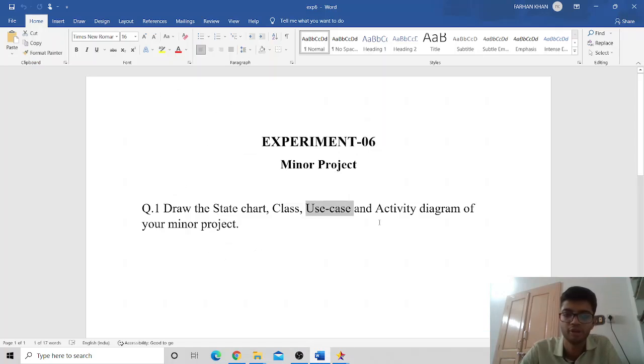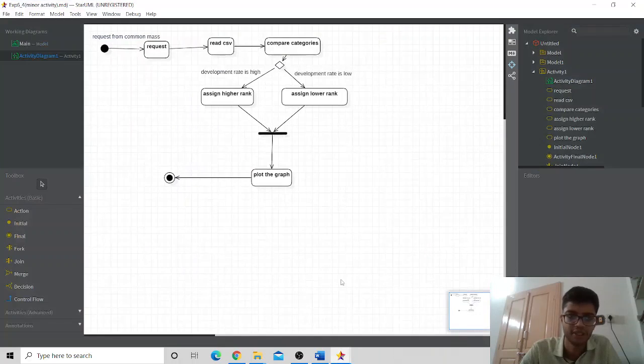And now lastly, there is an activity diagram. So the activity diagram is like here. From here we start with a request from the common man. The request comes in, which reads the CSV and then compares categories, like development rate. If the development rate is high, then assign the higher rank, and if the development rate is low, assign the lower rank.